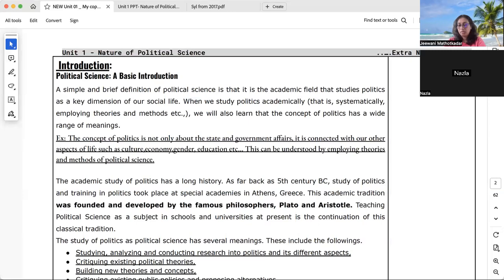Third one: Who are the two founders of the academic tradition of political science?